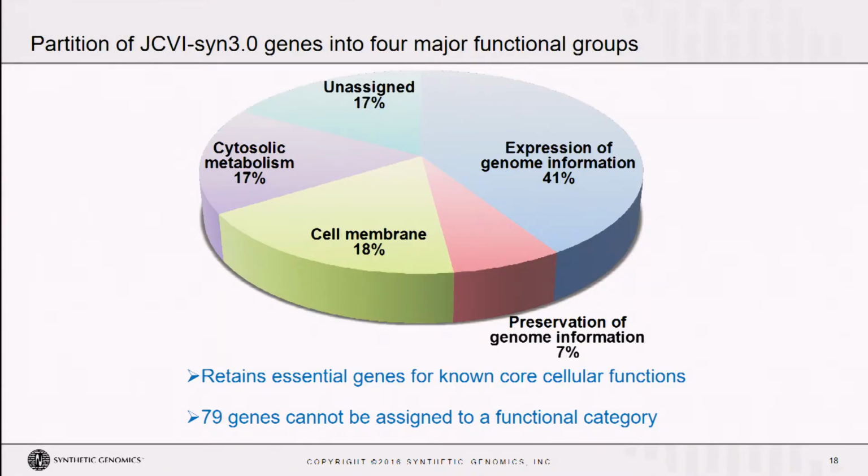As you would expect, the minimal genome retains all the essential genes known for core cellular functions. We put these into 4 categories: expression of genome information, preservation of genome information, cell membrane structure and function, and cytosolic metabolism. And there are 79 of these genes that we couldn't assign to any functional category.